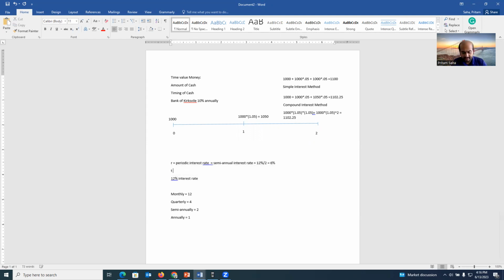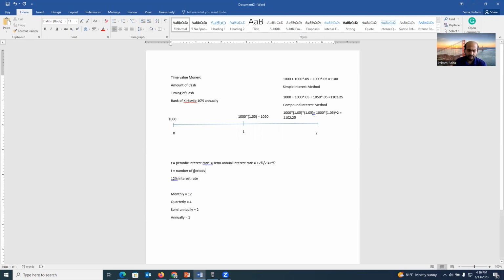Now T means total number of periods. Here total number of periods means how many times for the entire investment interest will be added.